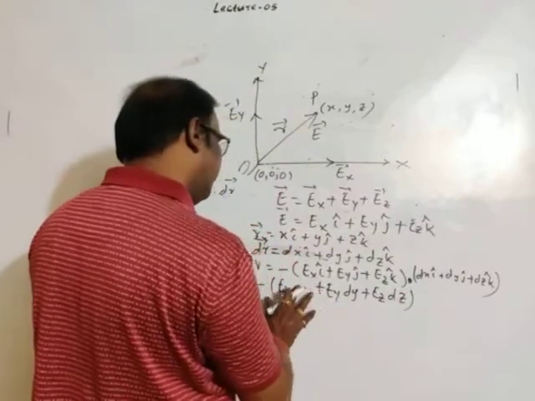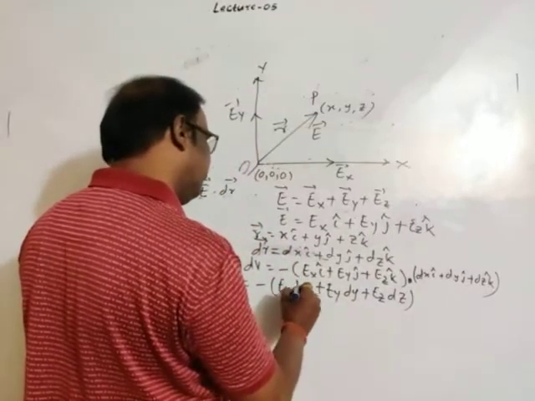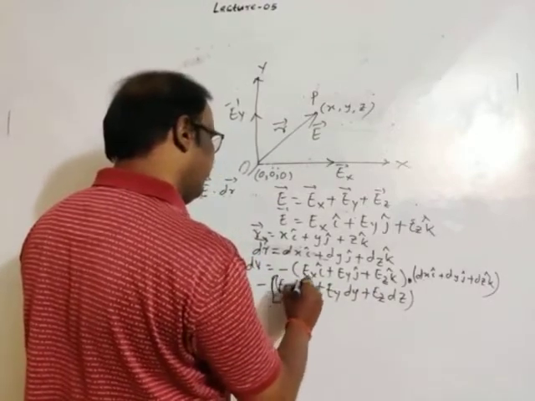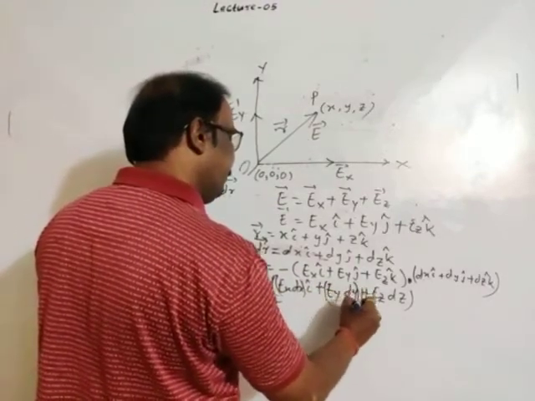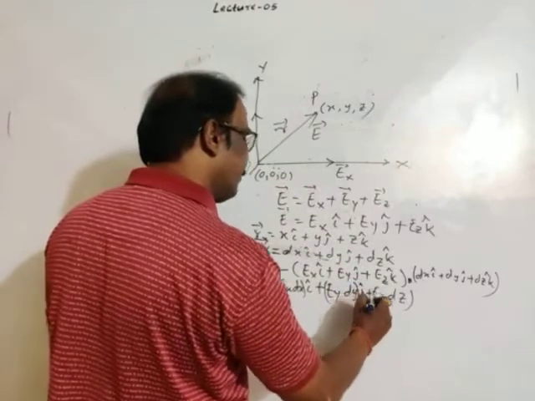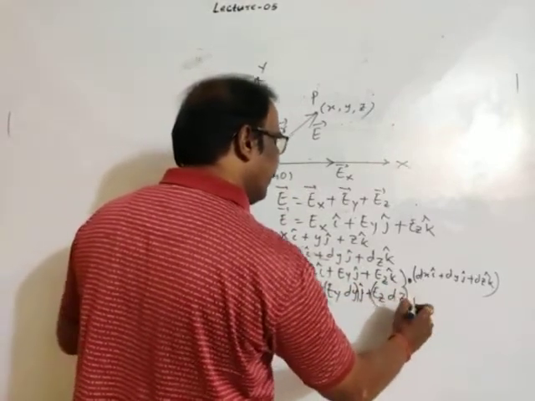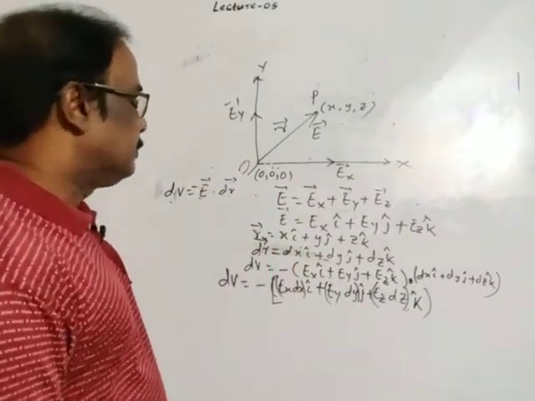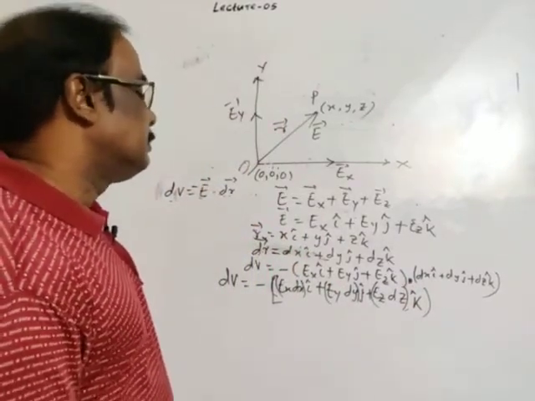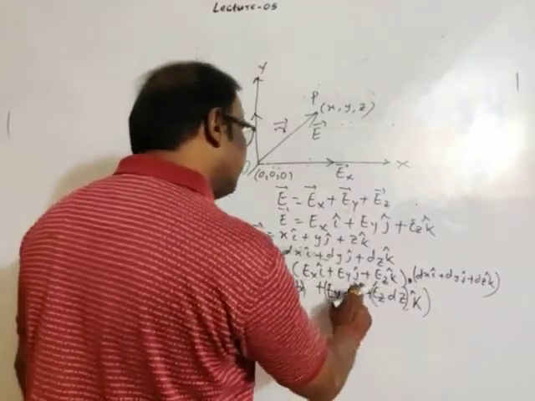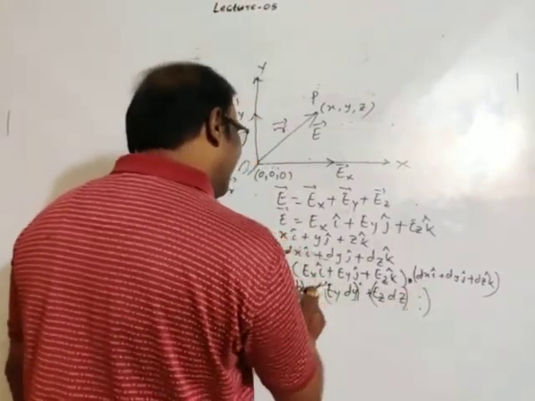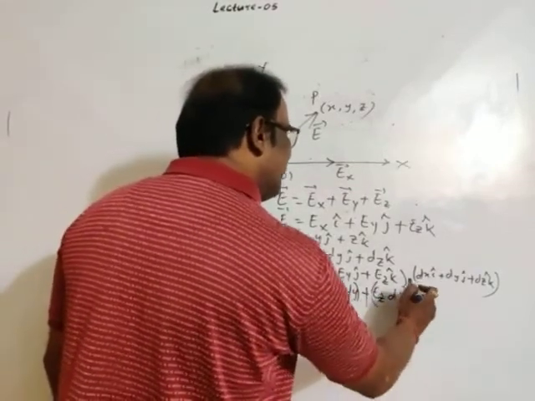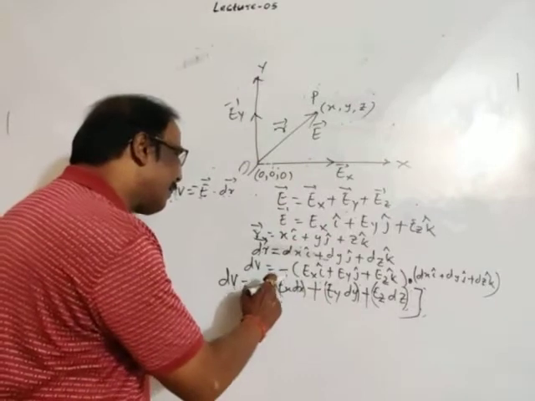Okay. In vector form, you may also use i cap, j cap, k cap. Sorry, this will not be a vector. The i cap dot i cap is 1, and the dot product is a scalar quantity.